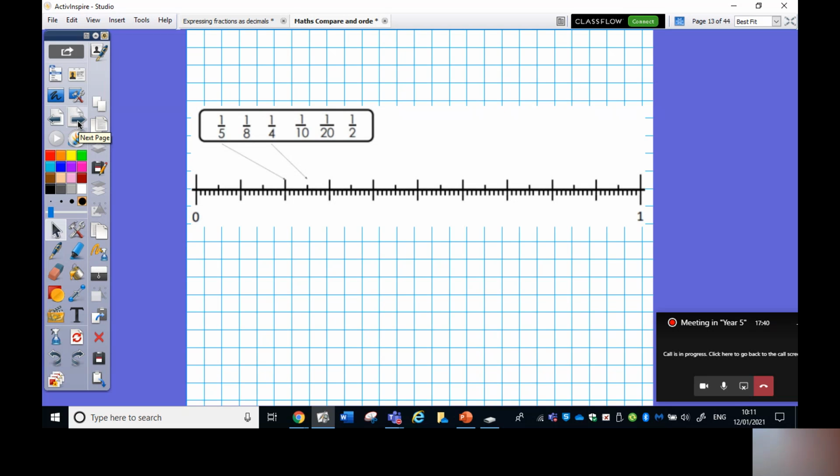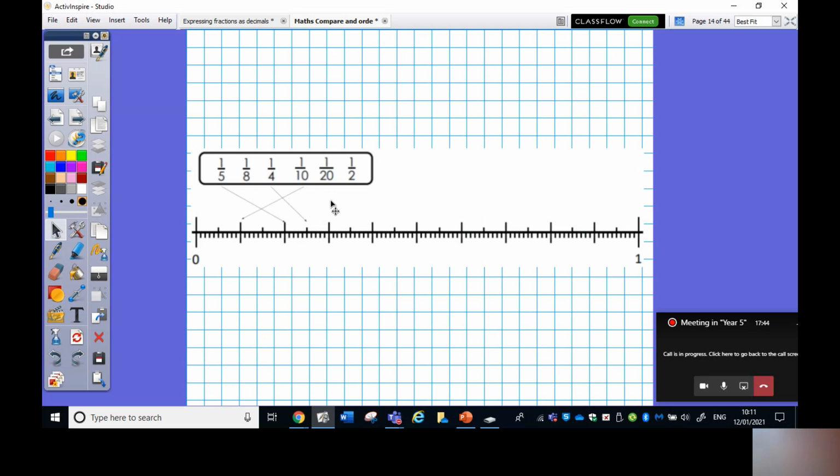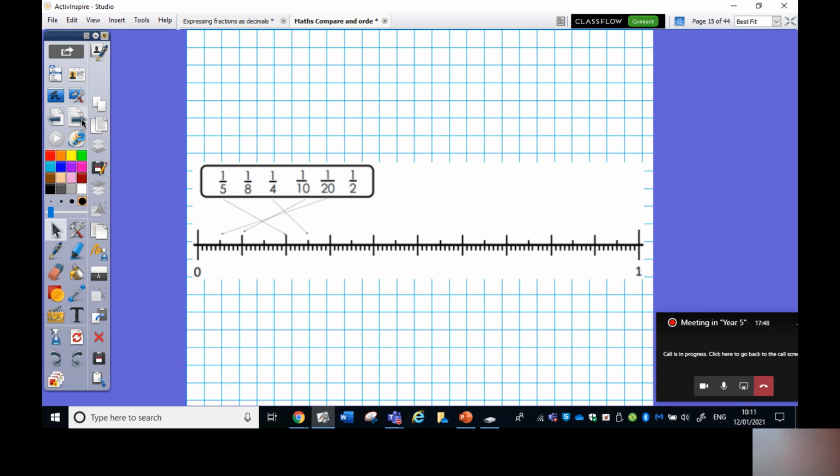Next, 1/10. Well, that's nice and easy because my number line's divided into 10, so my 10th will go here. What about 1/20th? Well, actually, this number line is also divided into 20s. Can you see those small lines, those small divisions on the top? So that's 1/20th. Half is really easy. Can you tell me?